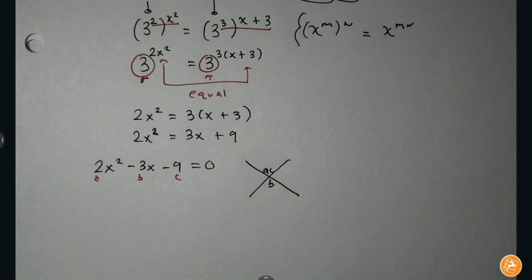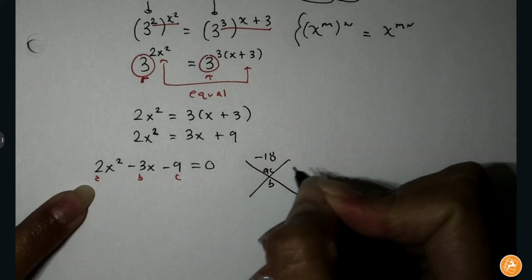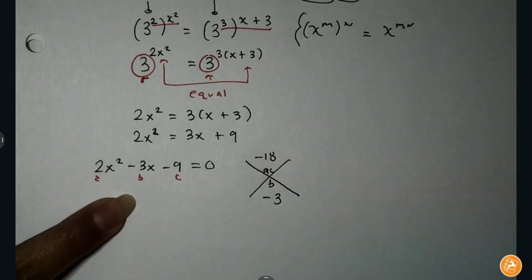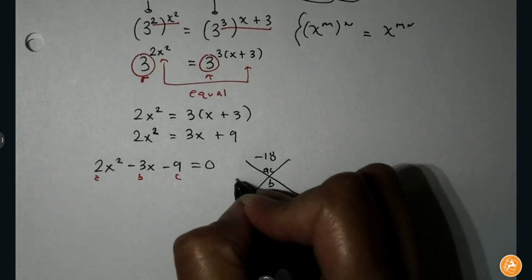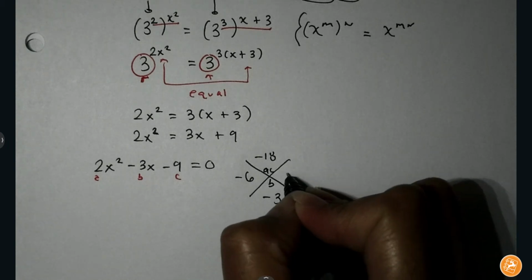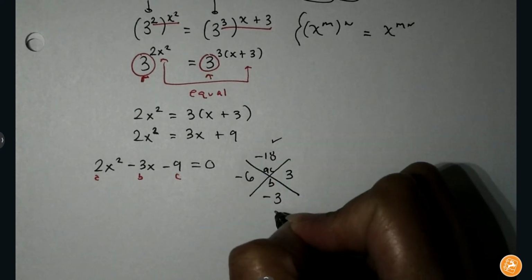So for factors of AC, the product of 2 and -9 will give us -18. The value of b is -3. So I'm like, okay, what are factors of -18 that add up to -3? After a moment, we realize that the factors are 6 or -6 and 3. So let's go ahead and check it. The product is -18, the sum is -3.